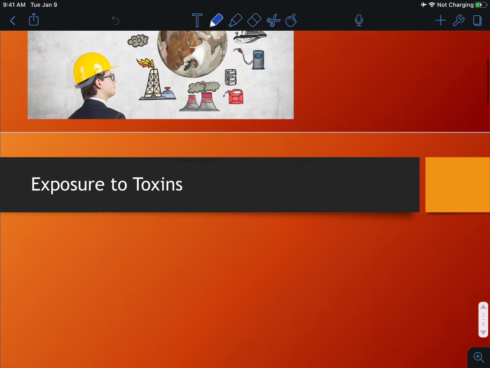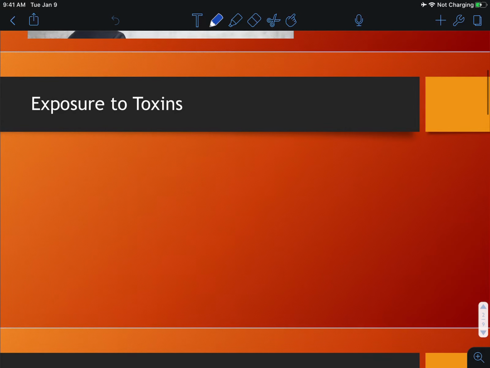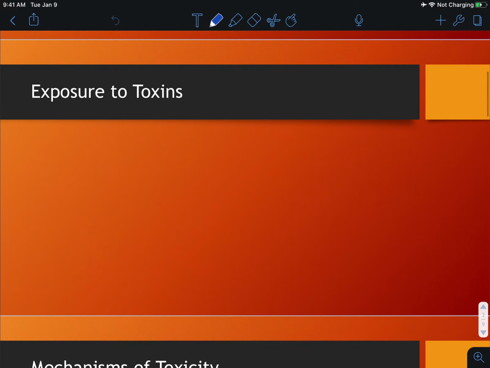in your worksheet. Something I want to talk about that's not really covered much in your chapter reading is exposure to toxins. And I would just mention to you first three general routes of exposure. So first of all, you can have gastrointestinal.